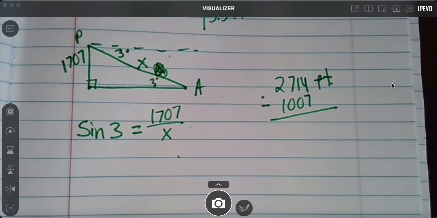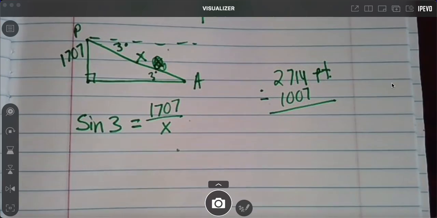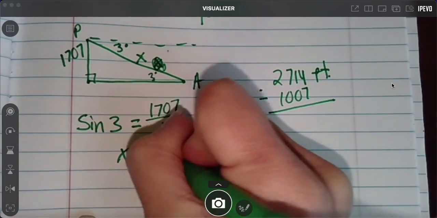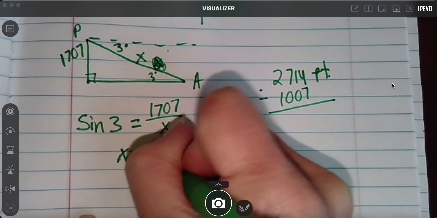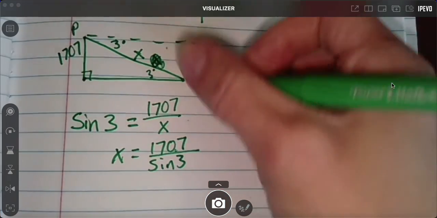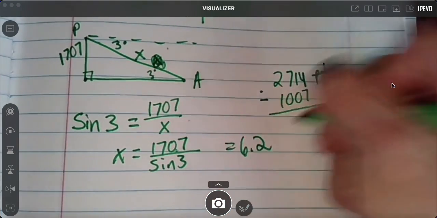What do we do when the variable's in the denominator? Divide. You're going to switch and we end up dividing. So we get 1,707 divided by the sine of 3. When I type that in my calculator, it says 6.2. Okay, the airplane is 6.2 miles from the airport.